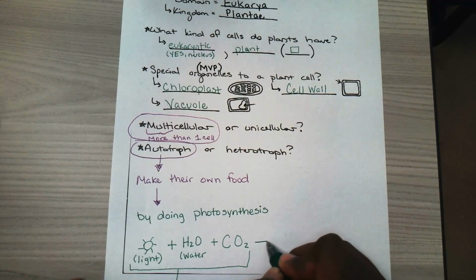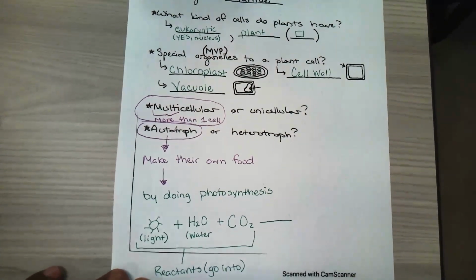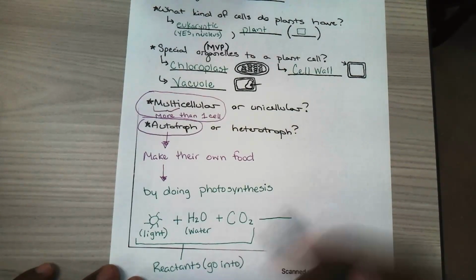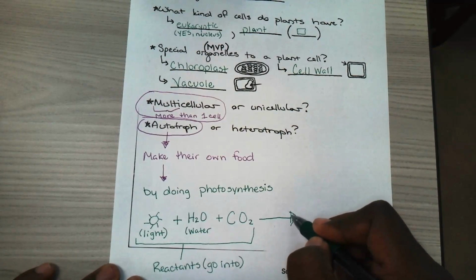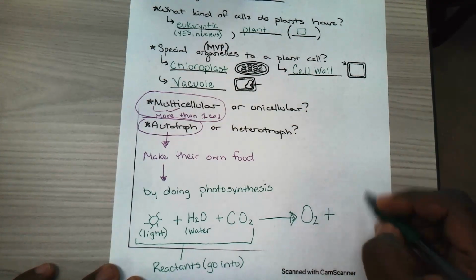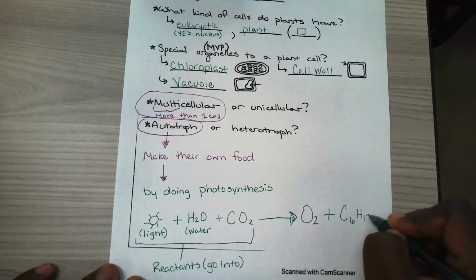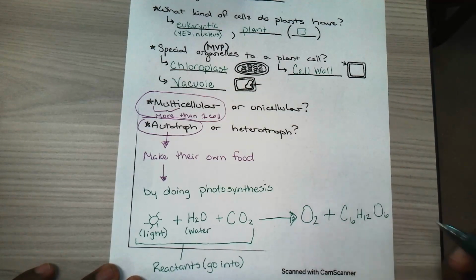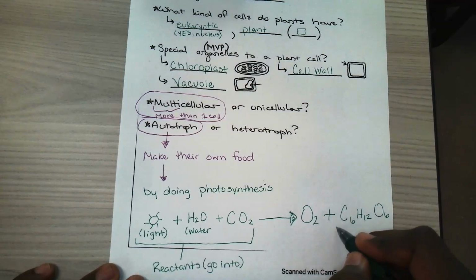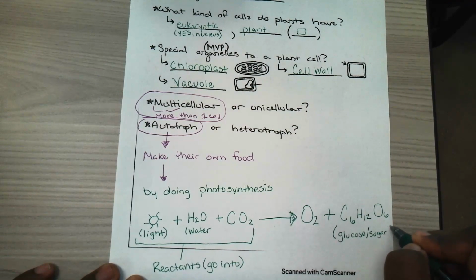And what we get out of the process of photosynthesis is oxygen, and then of course good old C6H12O6, aka glucose, sugar, or simply put, food.